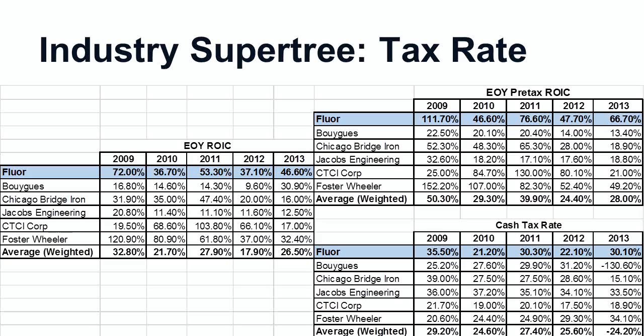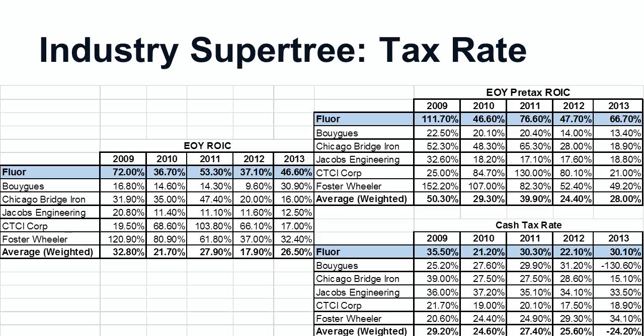These numbers make Fluor's decrease seem higher than the industry, but if you look at Bouygues, the one company that had an increased ROIC over this 5-year span, they had the largest market capitalization of any of the 6 peers. And when calculating our industry averages, we used a market capitalization average. So they had a high influence on our averages, when Fluor was pretty much having the same decrease in ROIC that everybody else was.